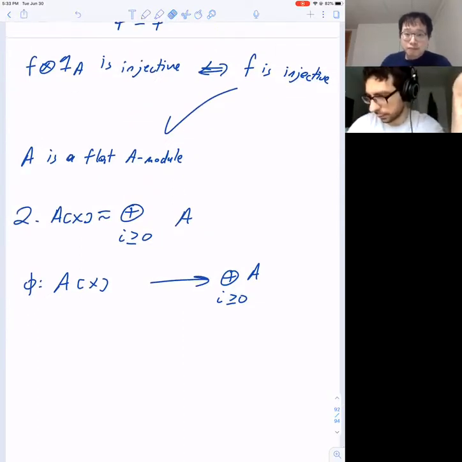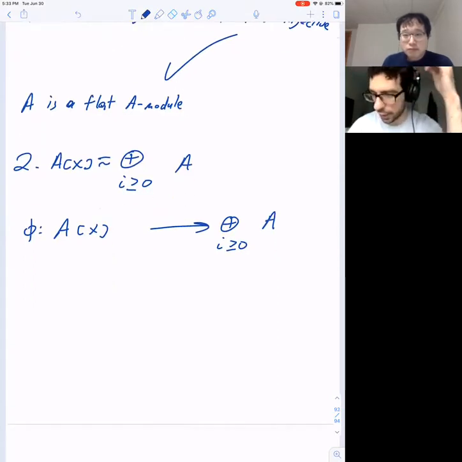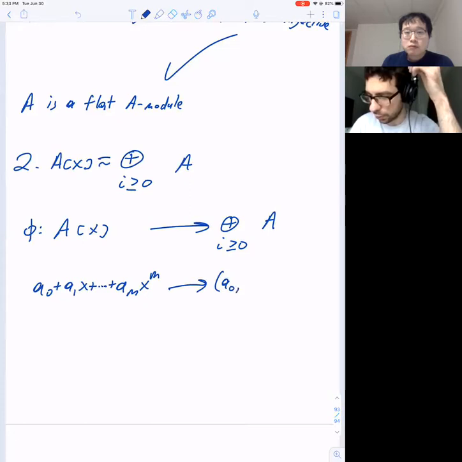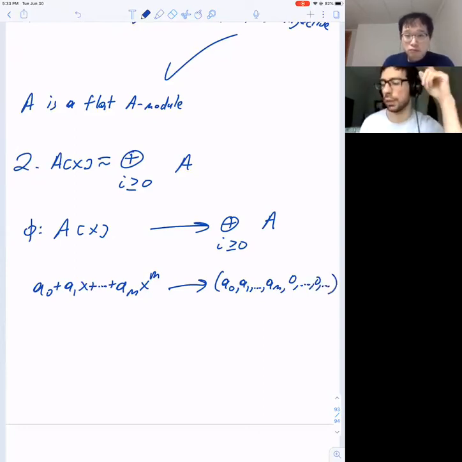Well, just take a polynomial A0 plus A1x. There is a finite end to this, and it maps it to A1, AM, but then make everything else 0, countably infinitely many zeros.